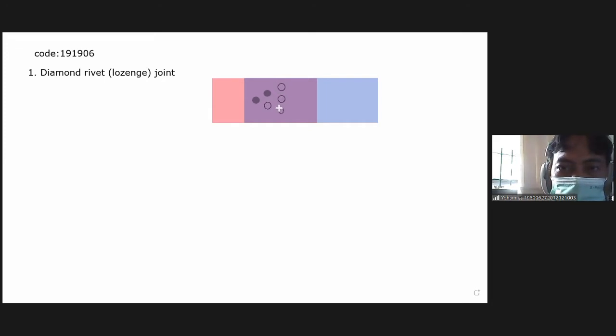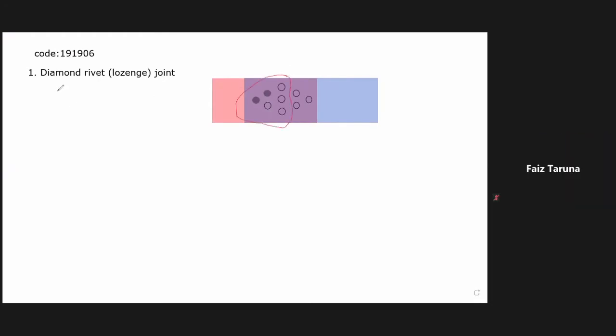The circle represents the rivet. Okay, so I hope that you understand what I mean, that the diamond represents this kind of shape. This is what diamond means.